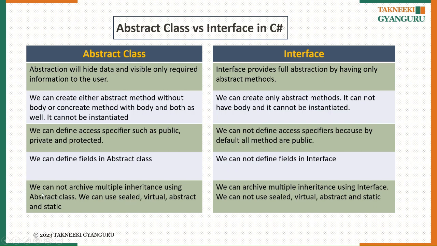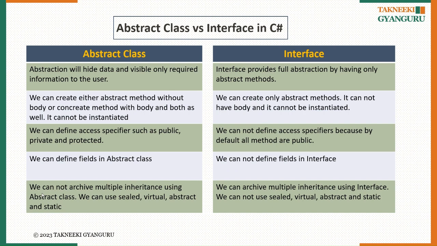The last difference is we cannot achieve multiple inheritance using an abstract class. What is multiple inheritance? Suppose we have multiple abstract classes, and all these classes can be derived into one class, right? For example, I have abstract class a, abstract class b, different abstract classes. Both abstract classes should be inherited into a single class, like class xyz colon a comma b.